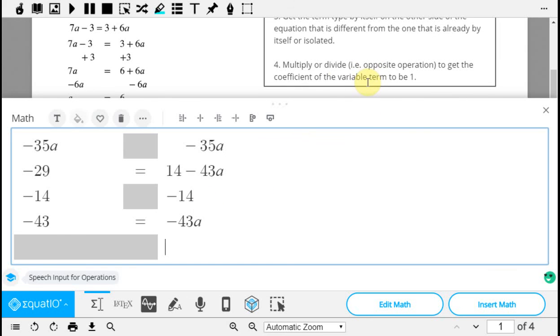The last step is to multiply or divide, the opposite operation, to get the coefficient of the variable term to be 1. So this is the variable term. The opposite operation is to divide, and I divide by the number that's out in front. So I will divide both sides by minus 43.